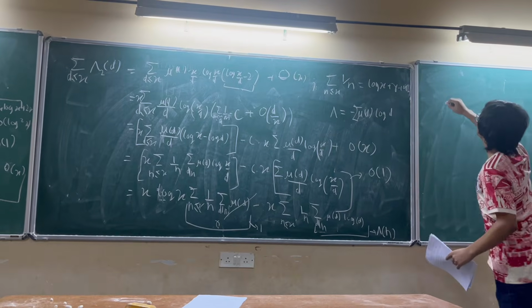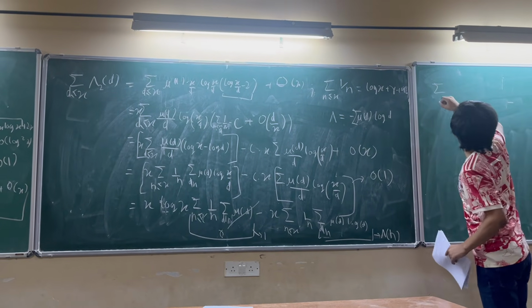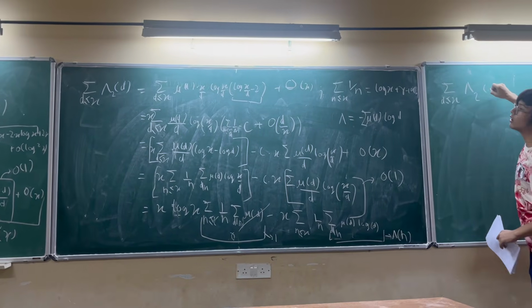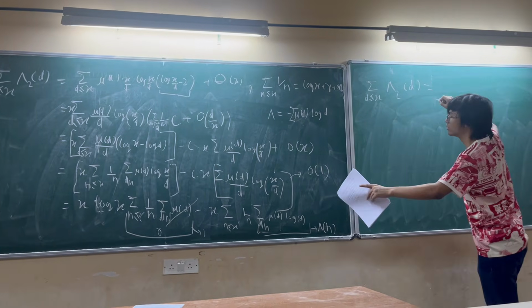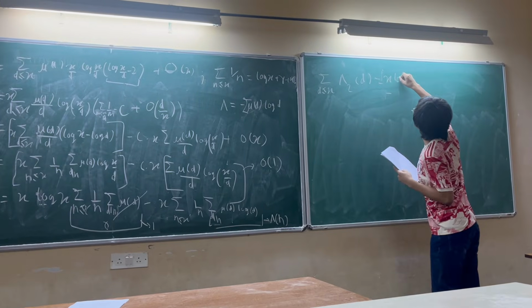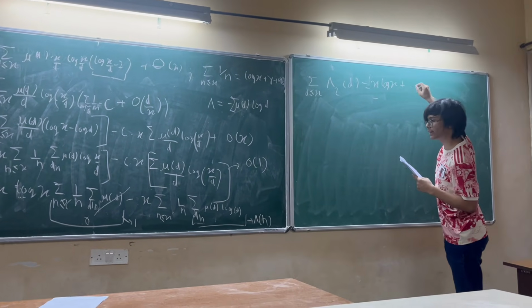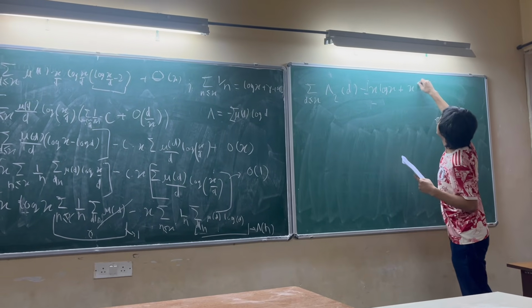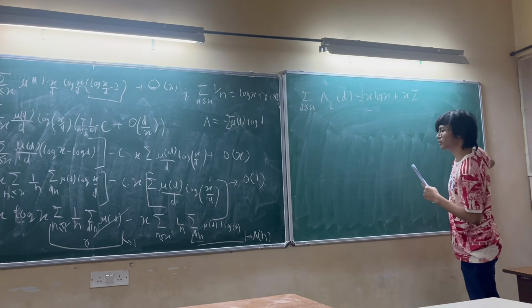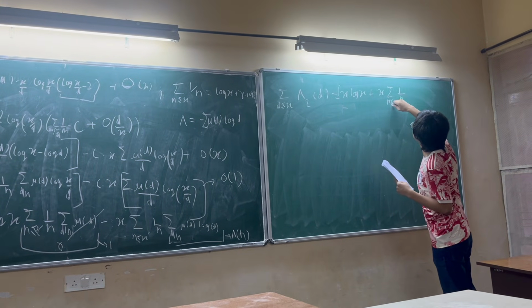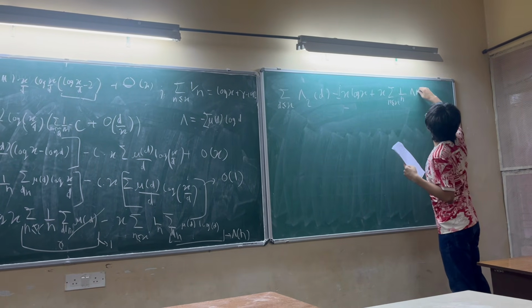At least our result should look like the sum over n less than or equal to x of lambda 2 of d. You had x log x from there, and you had something like x times the sum of 1 by n, n less than or equal to x, lambda n.